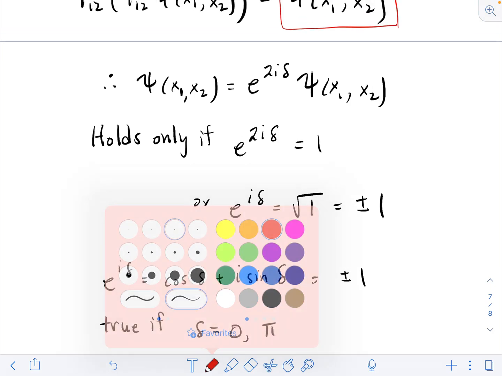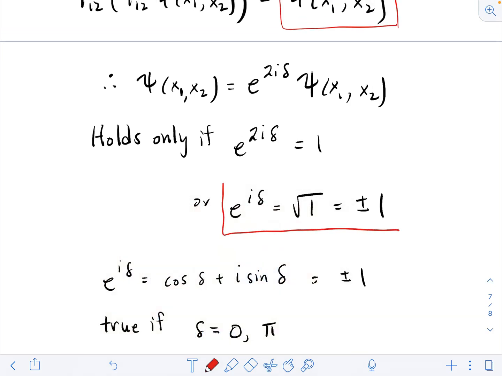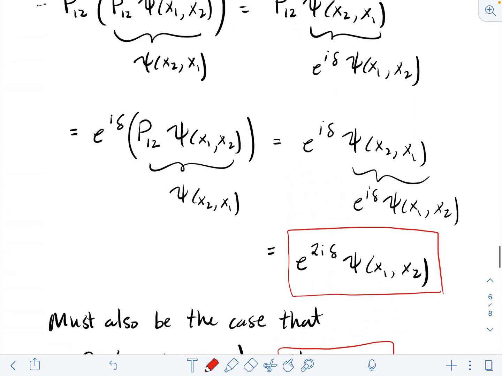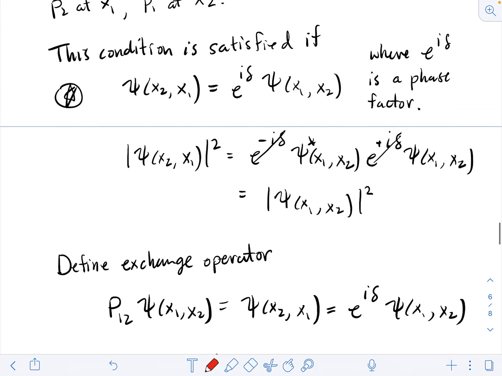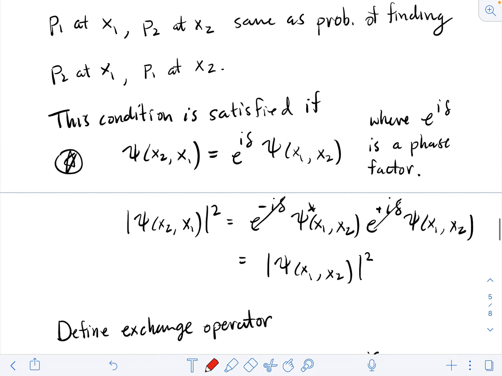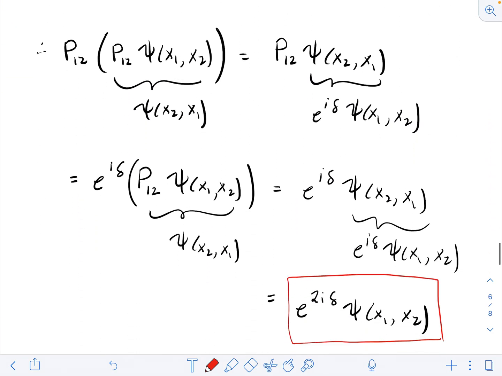Well, actually, let's step back here. And so e^(iδ) must be plus or minus 1. And so if we go back to this equation star, and we use that result in here, then phi(x2, x1) is equal to plus or minus phi(x1, x2).